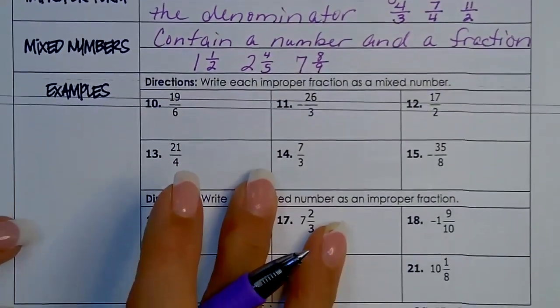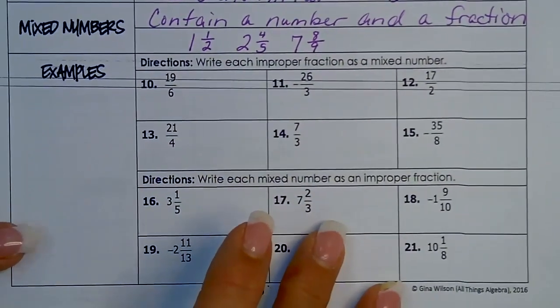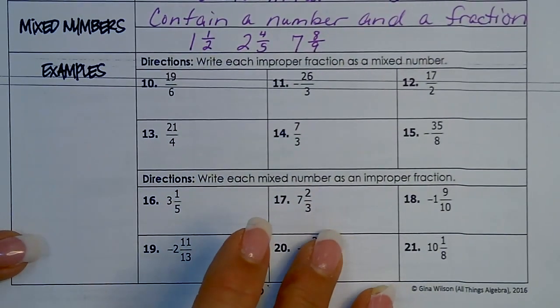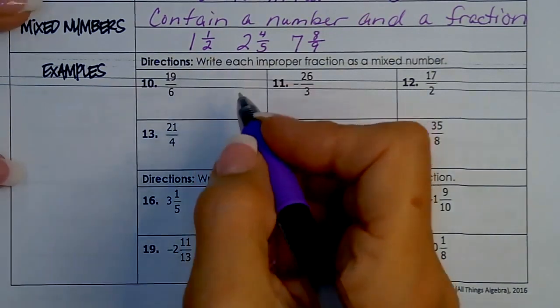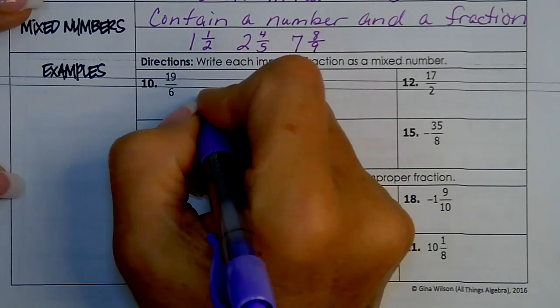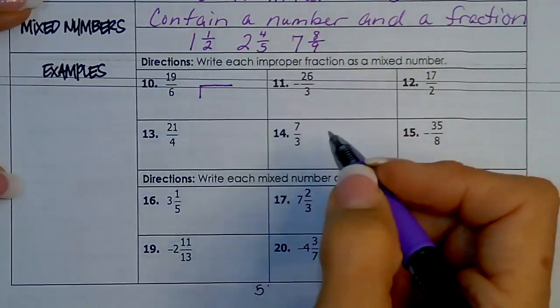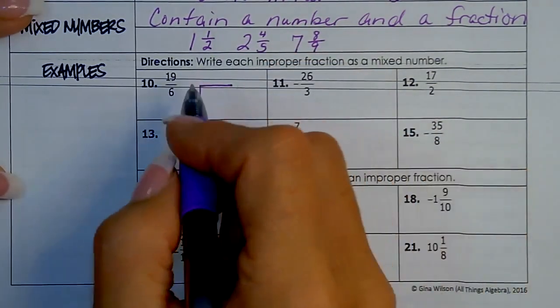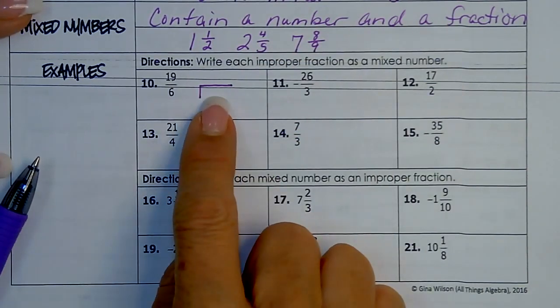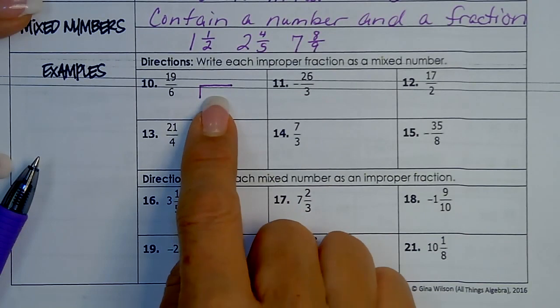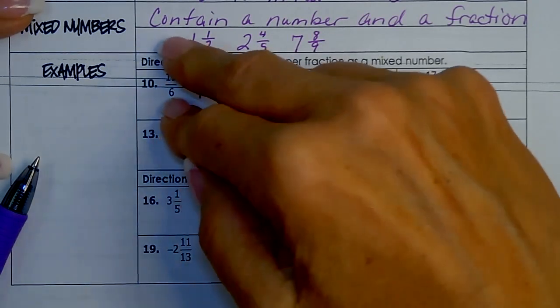All right, now we're going to practice writing each improper fraction as a mixed number. So when you do this, you're going to divide. So I'm going to create my division symbol. Now the trick is knowing which number goes in here. It isn't always the bigger number. Sometimes it is.